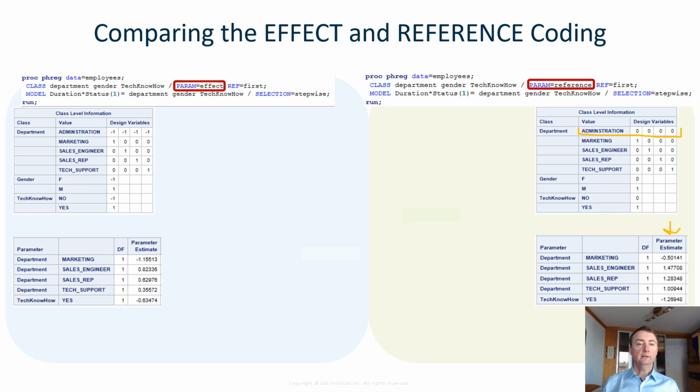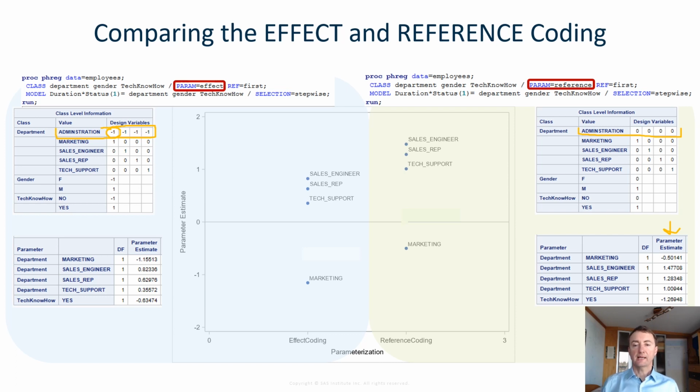In contrast, if we use the effect coding and not the reference coding, this means that for the selected reference category, here again administration, values of 0 are not used, but values of -1 are used. This means that now the interpretation of the other coefficients is different compared to reference coding. Let's take a look at how this looks.